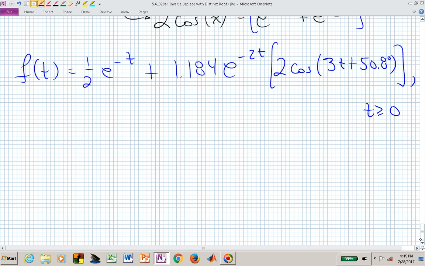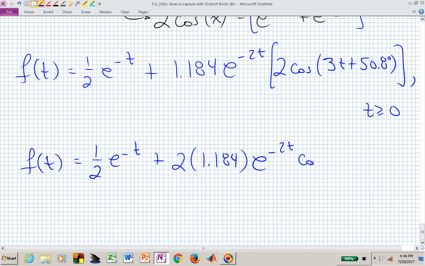Or if we wanted to clean that up a little bit, you might see this written as f of t equals 1/2 e to the minus t plus 2 times 1.184, that 2 could be factored out front, e to the minus 2t cosine of 3t plus 50.8 degrees, t greater than or equal to 0.